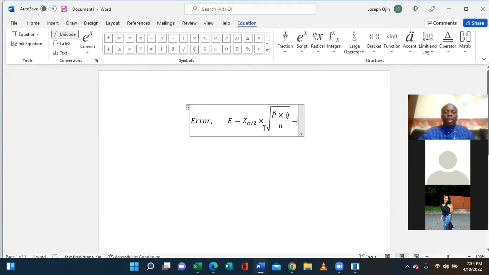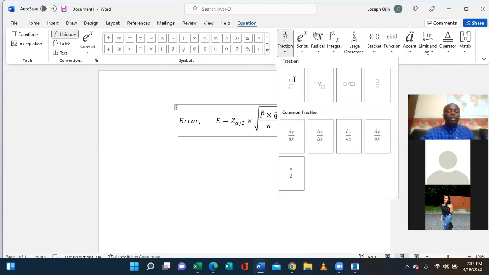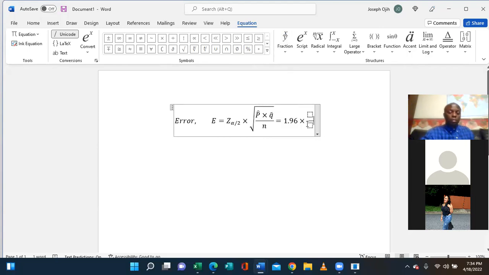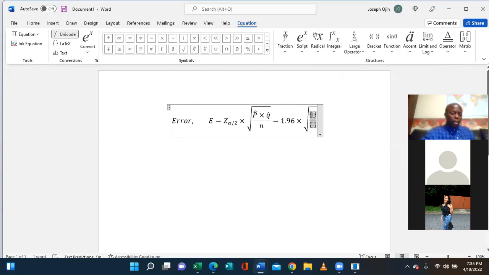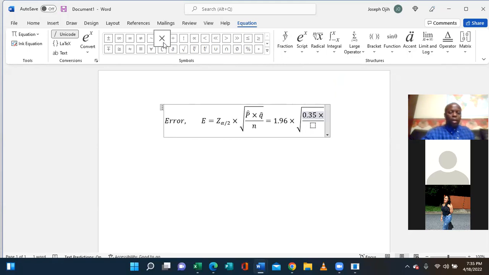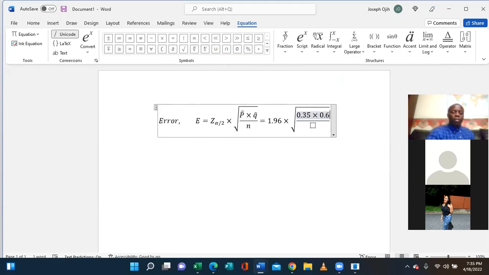Z alpha over 2 is 1.96, times the square root of P hat, which is 0.35, times Q hat, 0.65, over N. Remember that our N is 200 investment advisors.